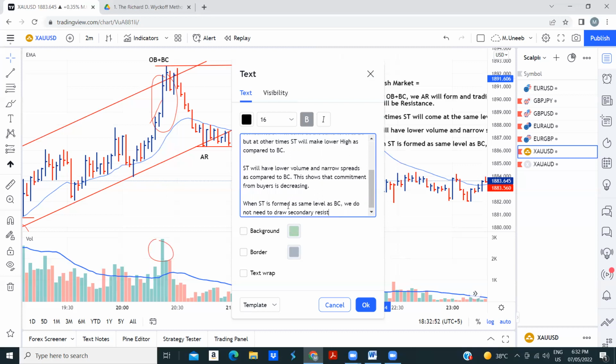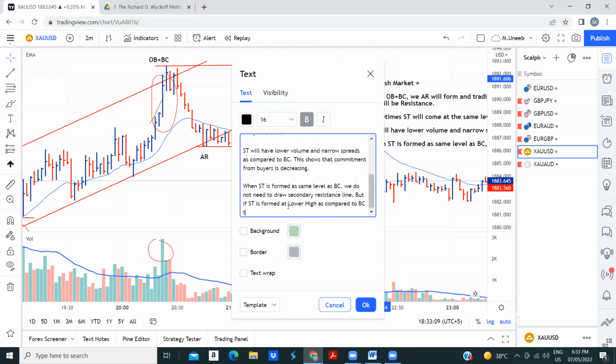But if secondary test is formed at a lower high as compared to buying climax, then we need to draw a secondary resistance line. Okay, got it?